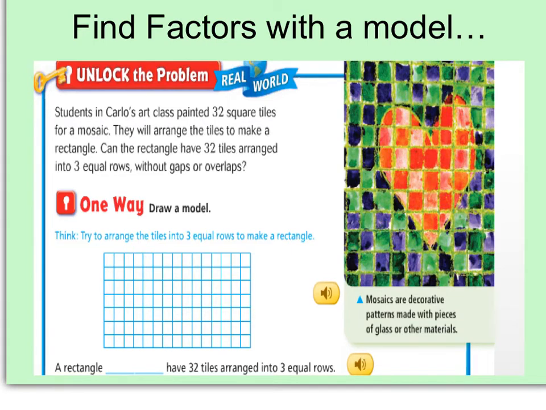The question of this problem tells me that I want to arrange 32 tiles into 3 equal rows without gaps or overlaps.